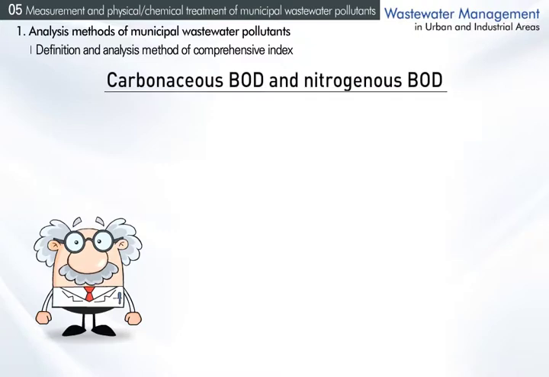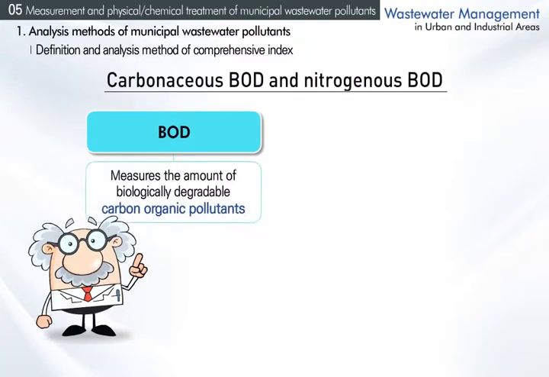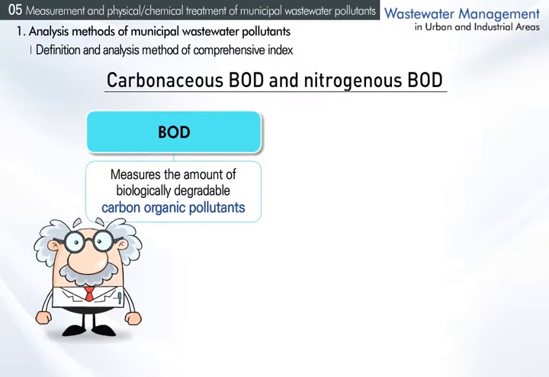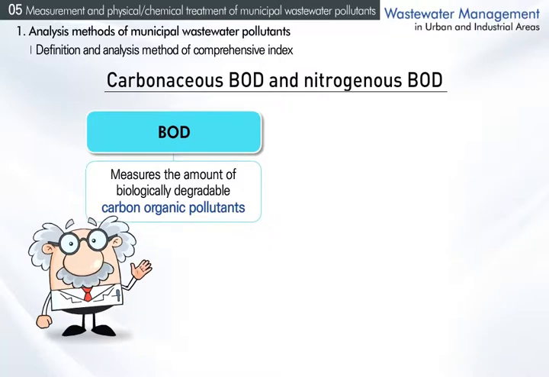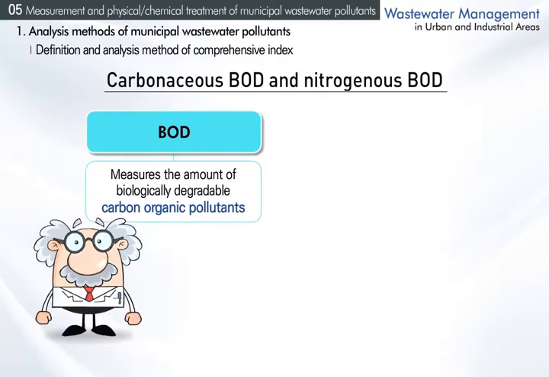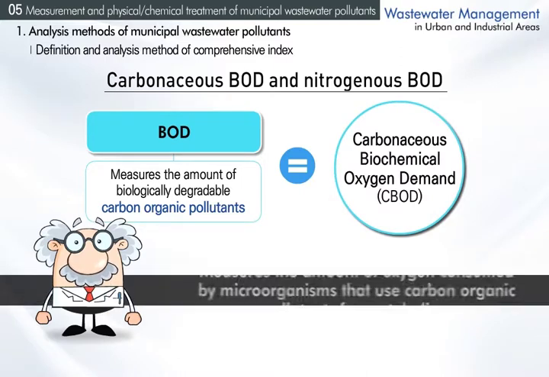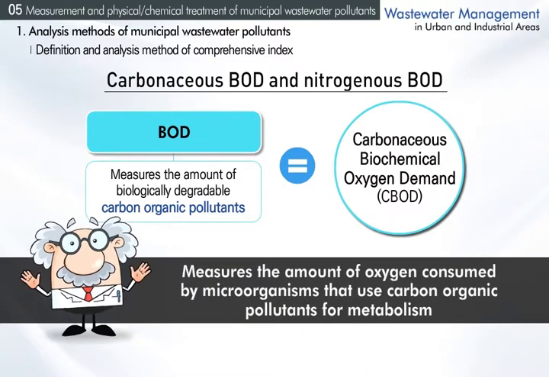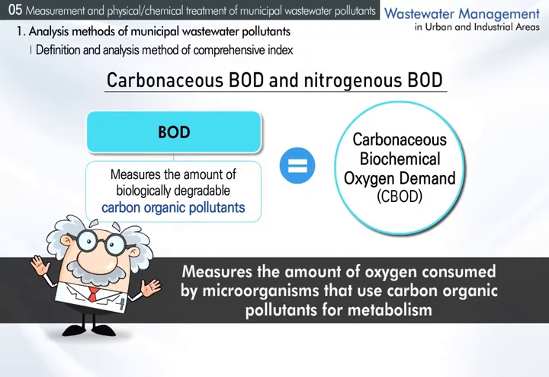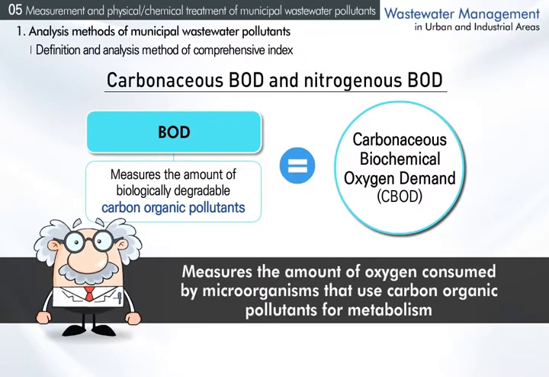To be more accurate, BOD measures the amount of biologically degradable carbon organic pollutants among pollutants in wastewater. So it is also called carbonaceous biochemical oxygen demand. In other words, the amount of oxygen consumed by microorganisms that use carbon organic pollutants for metabolism is measured.